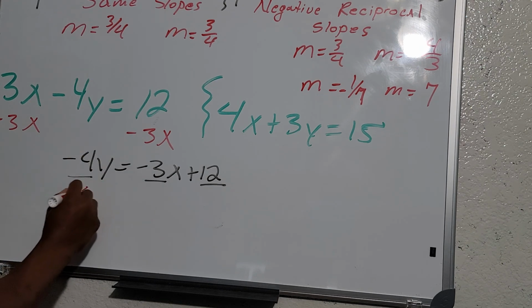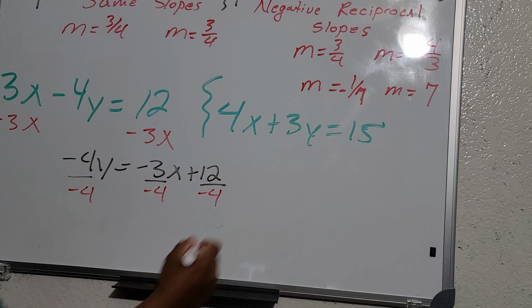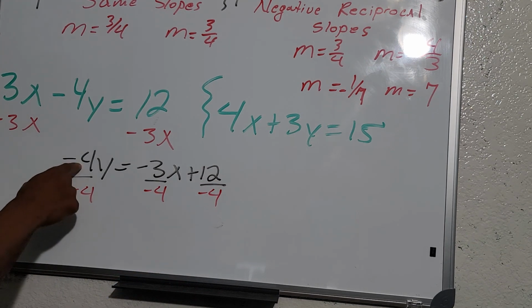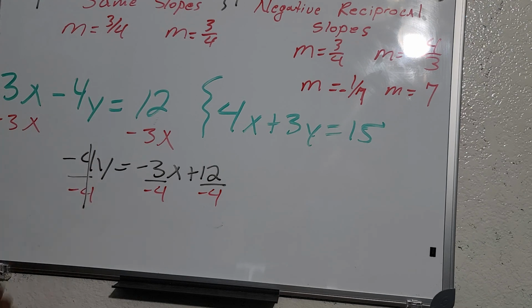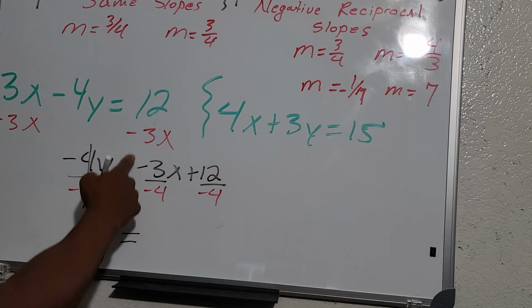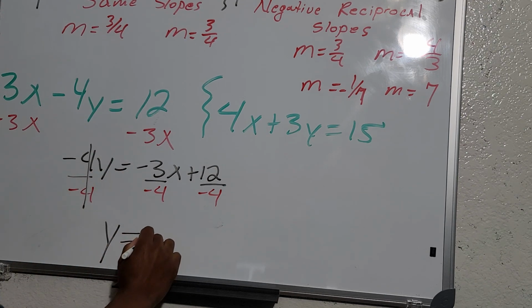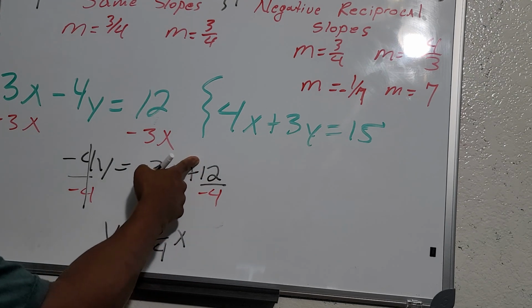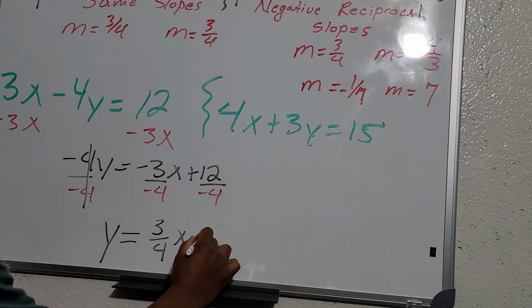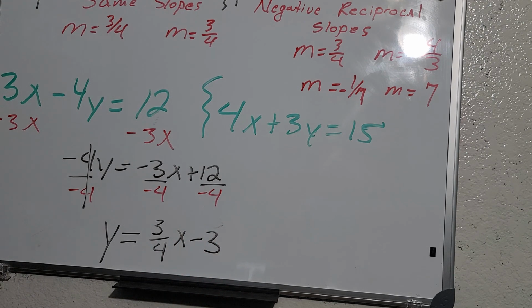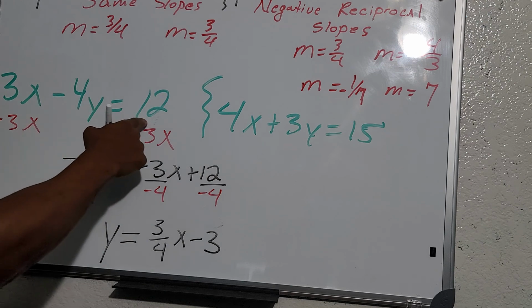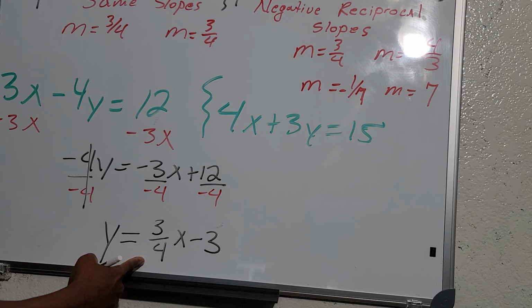In this case, it's negative 4. Remember, you must divide all of them by whatever the coefficient is. In that case, my negative 4 will divide evenly one time, leaving me with y equals. That lets me know I'm doing it correctly, and I'm about to write it in slope-intercept form. Remember, when you divide a negative by a negative, the answer is always positive. So this one here is 3 over 4x. When I divide a positive 12 by a negative 4, I'm going to get a negative 3. So this was written in standard form. Here is written now in slope-intercept form.